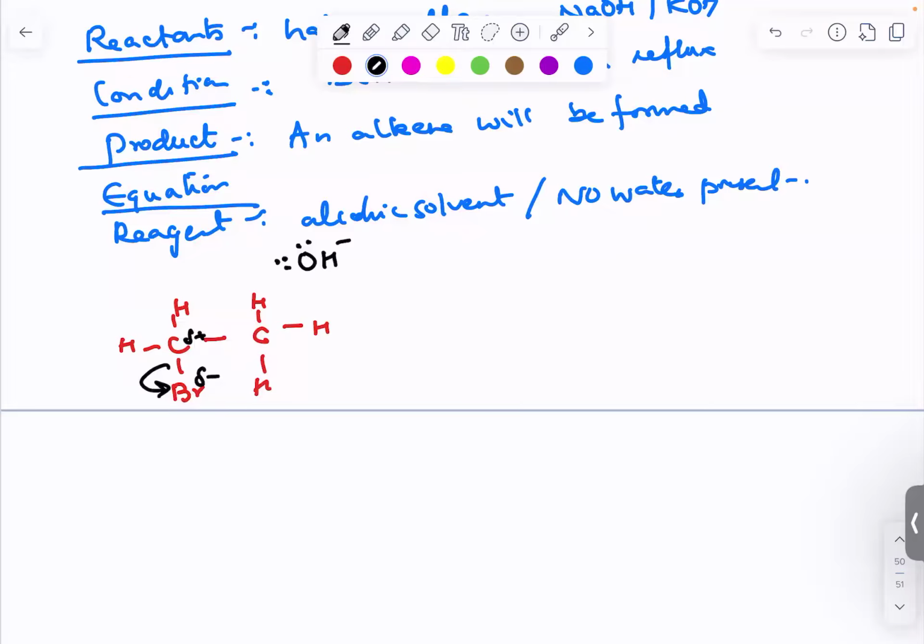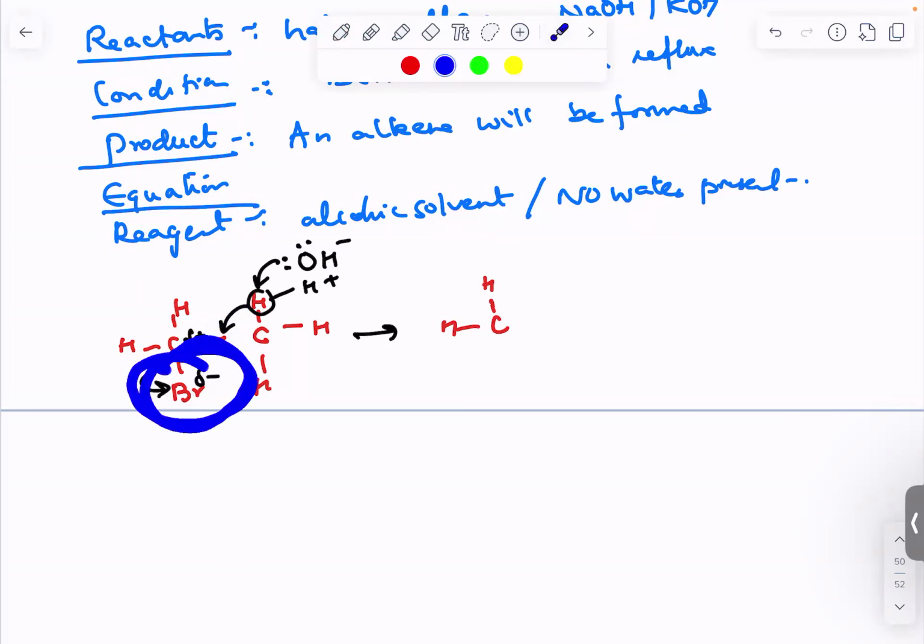It gives the electron to this hydrogen, which will break its bond with the carbon, and this hydrogen will be removed as H positive after giving the electron. As it is removed with H positive, that means it is leaving its electron here. So what we are going to get, beta, we are going to get CH H, and as this one has already broken down, I'm going to show it separately.